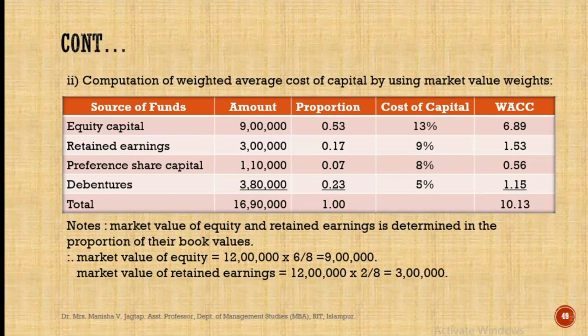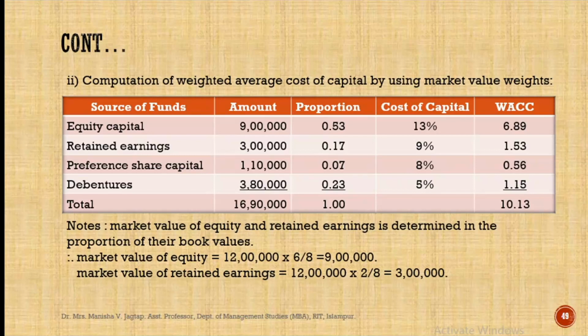Now you must have understood what the cost of capital is. It is nothing but the minimum rate of return a firm must earn on its investment. Yes, definitely it is a complex and controversial but very significant concept in financial management that plays a crucial role in all financial decisions.